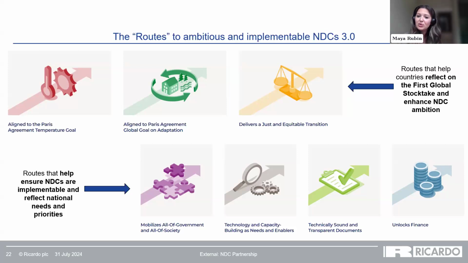This route's really important for ensuring widespread understanding and, importantly, ownership of NDCs. It was flagged in our interviews and surveys that quite often the NDCs are led out of one ministry, and other ministries find that they are not engaged in that process and not aware of what the NDC requires from them. So this route is all about making sure we bring everybody along in that process. We could then move on to technology and capacity building as needs and enablers.